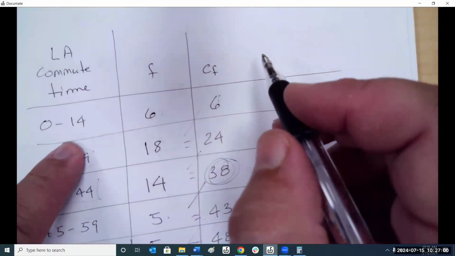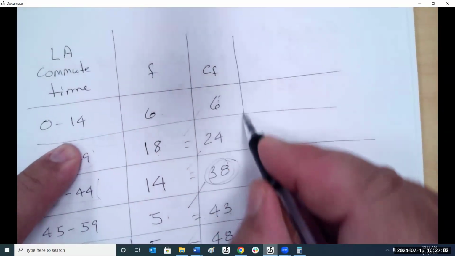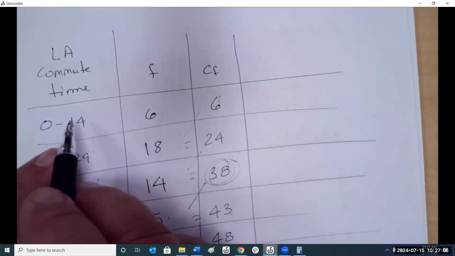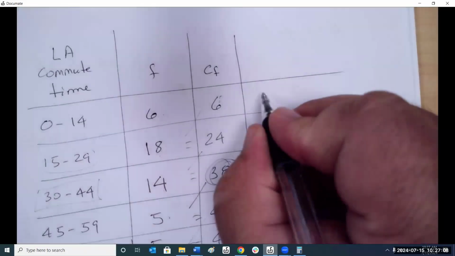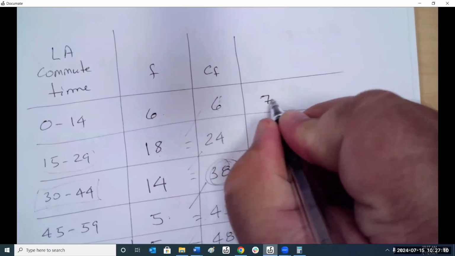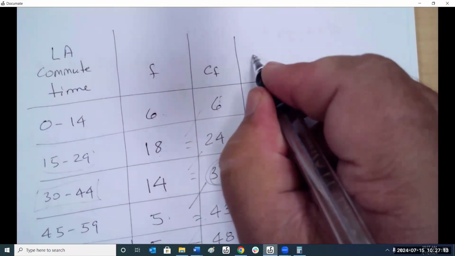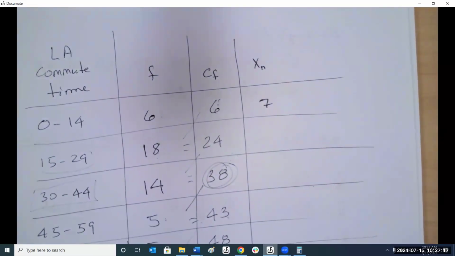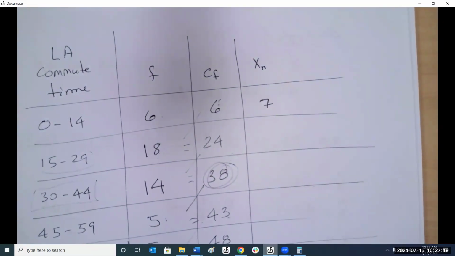So between 0 and 14, how do we find that number? Yes, add the two numbers and divide by 2. So we get 14 over 2, which makes it 7. This is going to be our midpoint x.